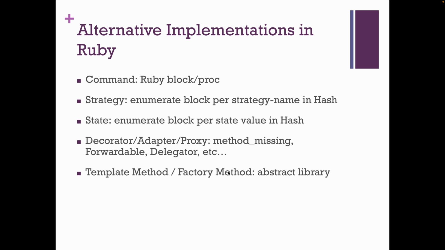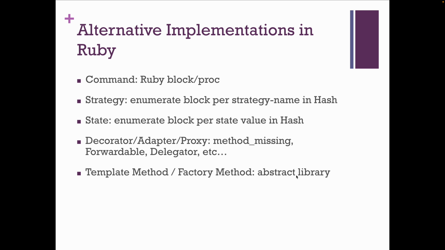Template method and factory method often in Java or C++ need abstract methods, which are called hook methods. In Ruby, you can use the abstract library to build abstract methods if you want. But one thing I forgot to put in the slides is you don't need that as well. If you want, you could just do what I was showing you in the code. You would just write raise not implemented, and that's the signal that the subclass has to implement that method, and then the subclass can later implement it.